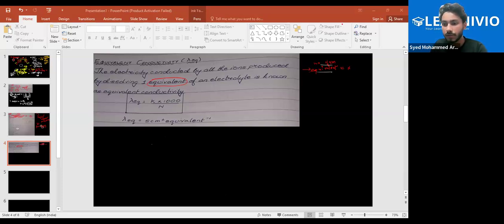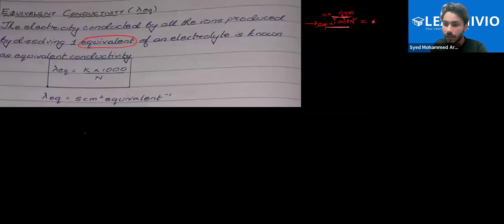So the number of gram equivalents is nothing but the number of moles multiplied by the n factor.